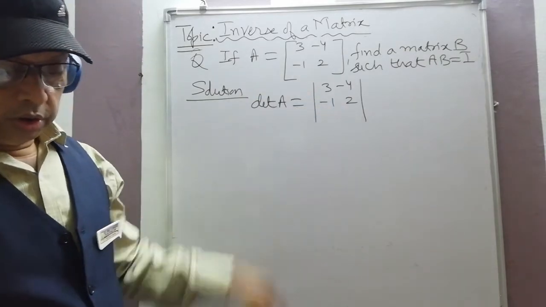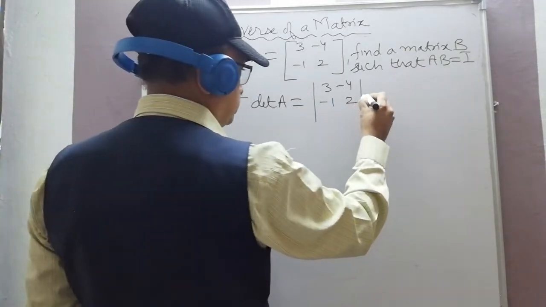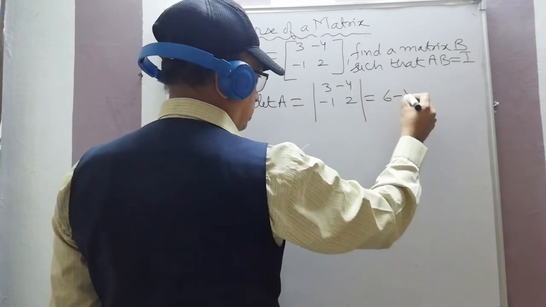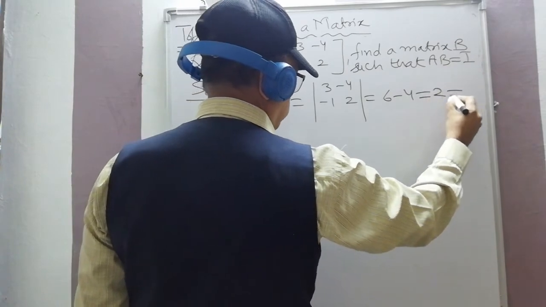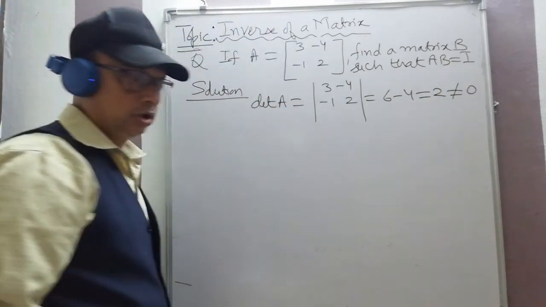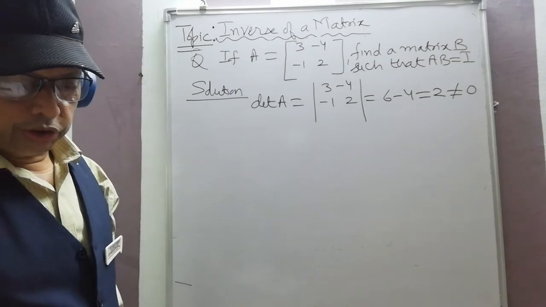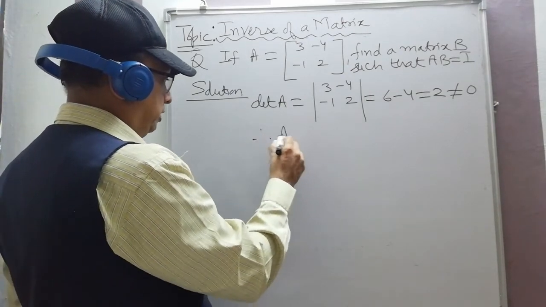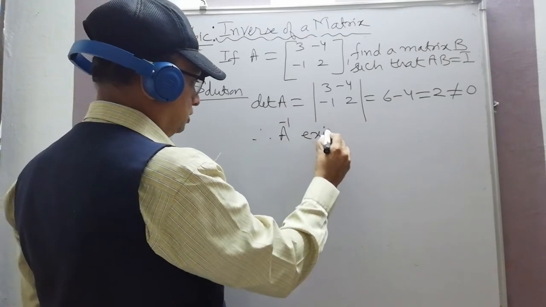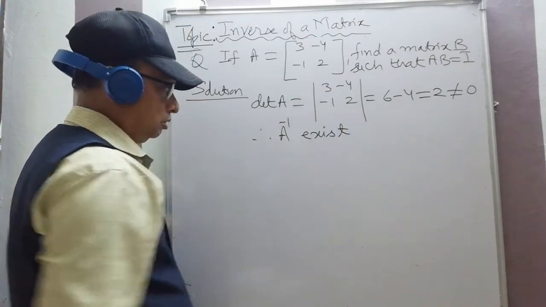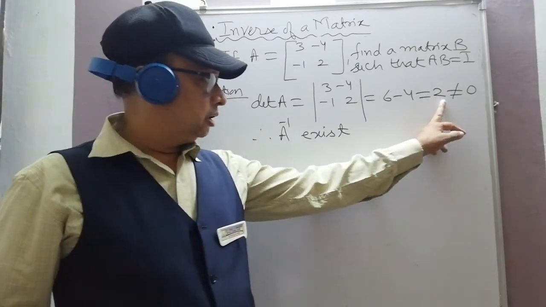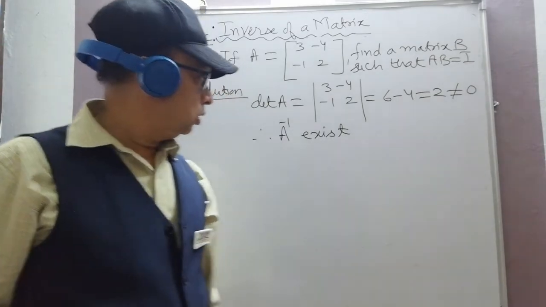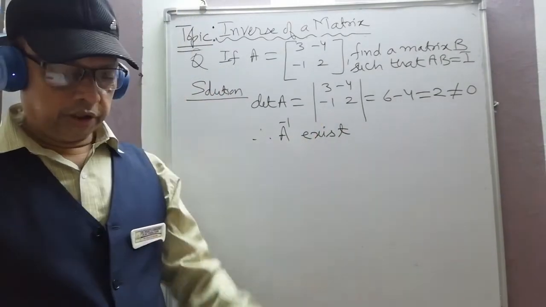This will be 6 minus into minus plus, and minus is there, so minus 4, which is equal to 2, which is not equal to 0. Therefore, A inverse exists.